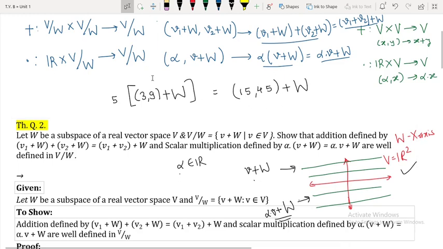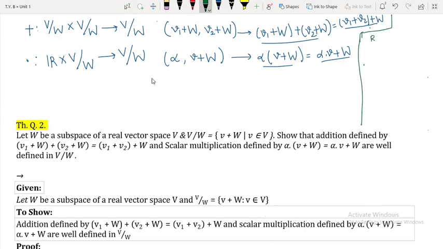Now we have to show that this addition and scalar multiplication are well defined. Let us recall the definition of a well defined function.